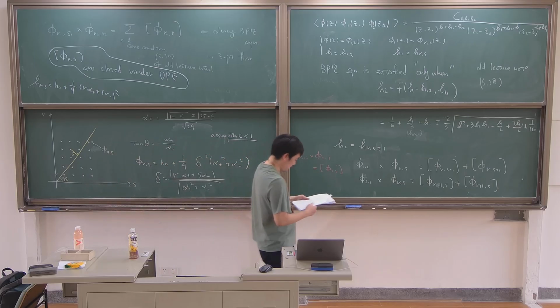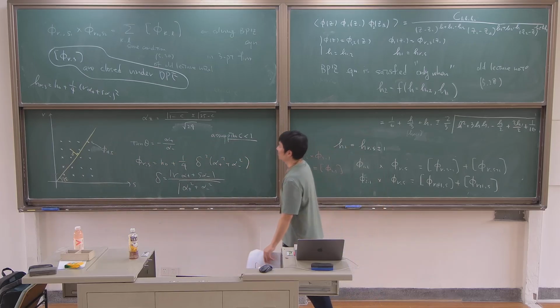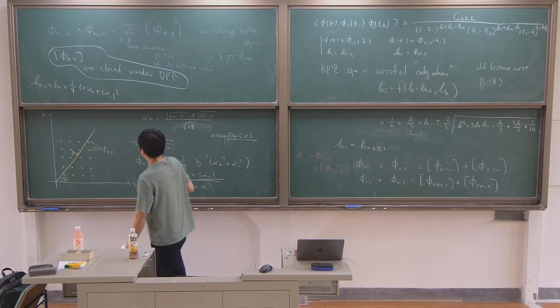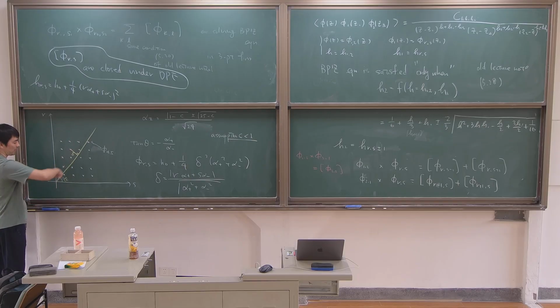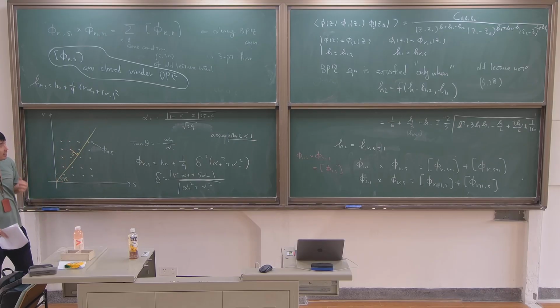The important thing is that for generic C, this angle theta is irrational, which means the line never hits a lattice point.